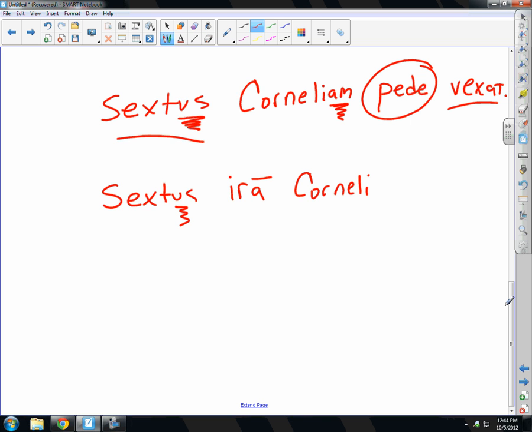Who? Cornelius. Answering the question who makes it accusative, direct object, and he arouses or wakes up Cornelius with anger. How does he do it? With anger. In English, we may even say angrily.